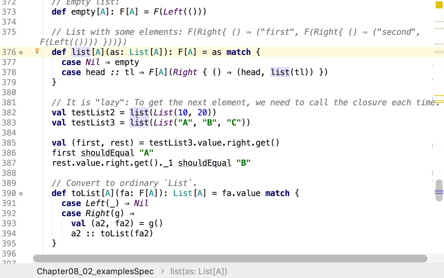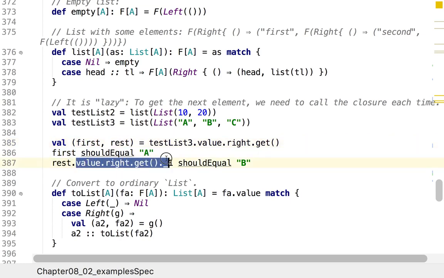We can create a value like this. And in order to get anything out of those lazy lists, we need to actually call the function. So this fetches all those things and calls the function. And the result is that you have a tuple with one element, which was a, and the rest, which is again the same story.